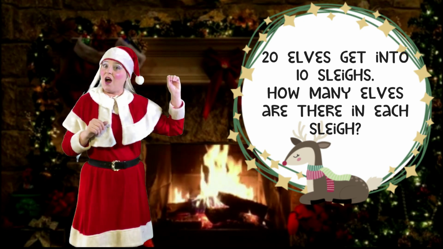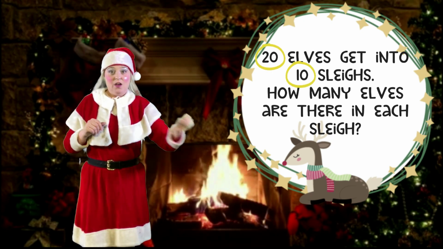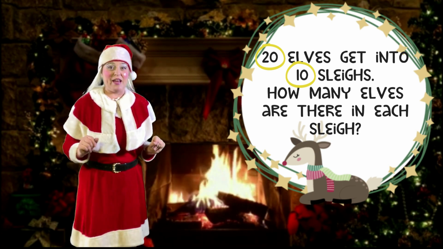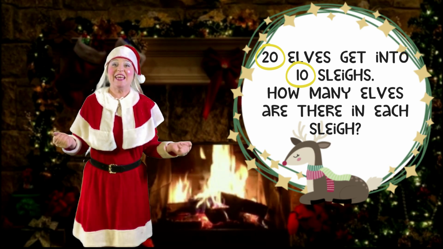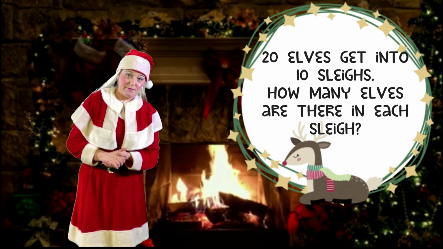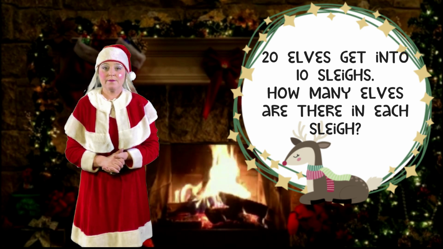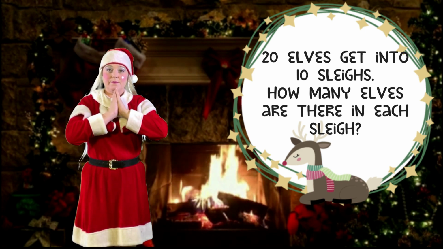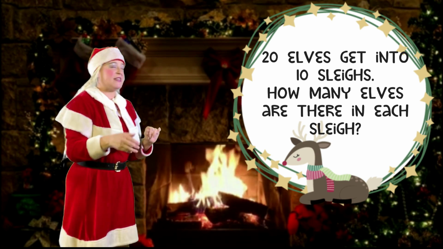So, our numbers are 20 and 10. Use that information to write the sum that you think we need to work out how many elves there will be in each sleigh. Okay, some of you might be finding this a bit difficult.